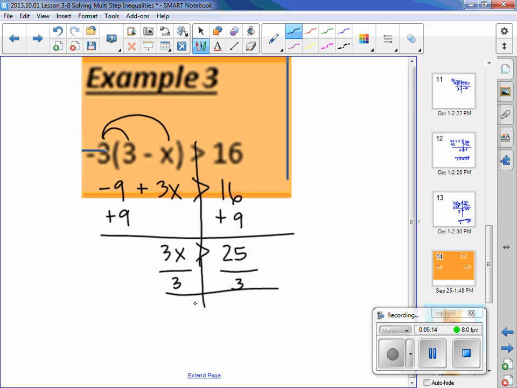So I get x is greater than 8.3 repeating, which you can write as 8.3 with the line above the 3. What else could you do? Math enter, which would make it a fraction, which is 25 over 3. So either one is okay. Then I do my graph. I have 25 over 3 with an open circle and shade to the right.